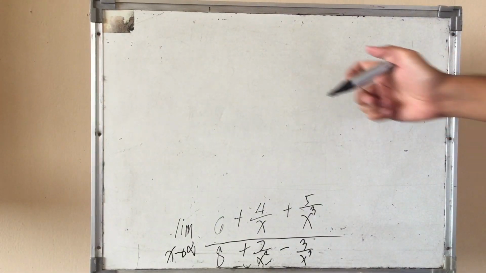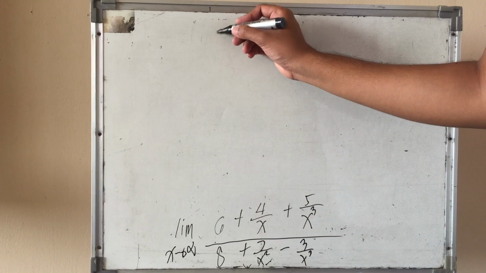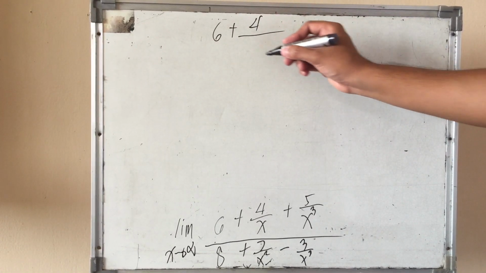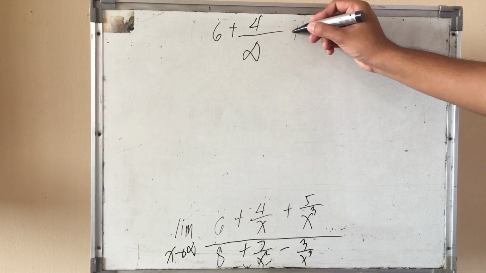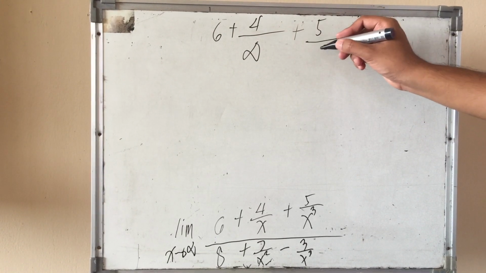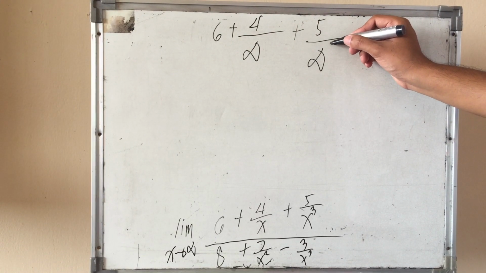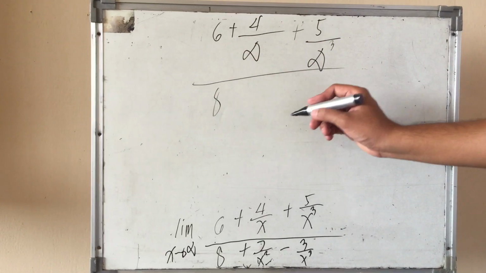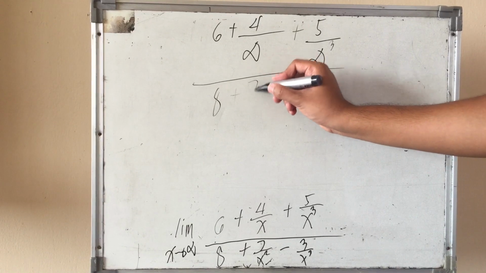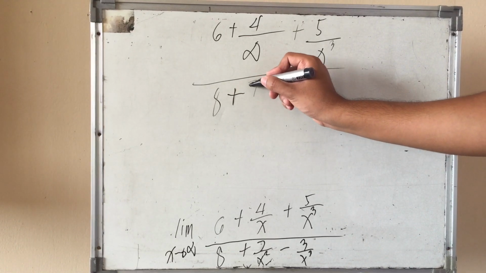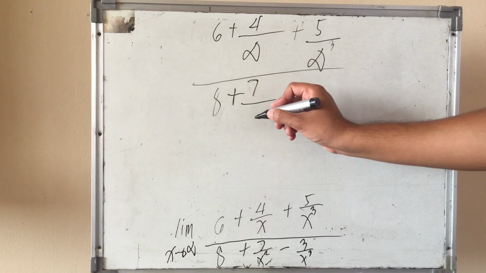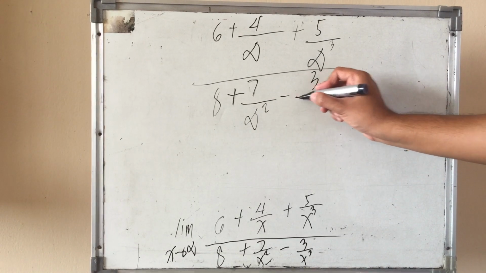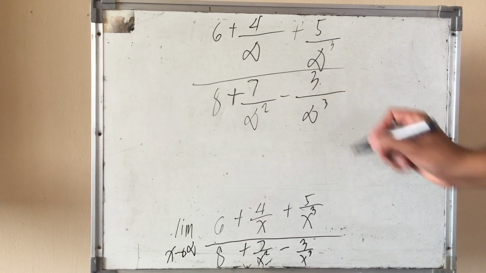So we now have 6 plus 4 divided by infinity plus 5 over infinity cubed, divided by 8 plus 7 divided by infinity squared minus 3 divided by infinity cubed.